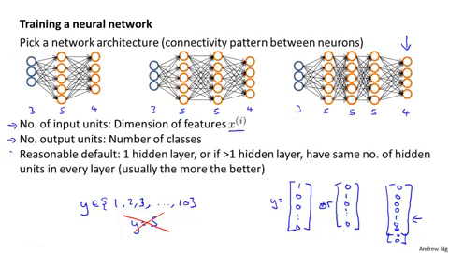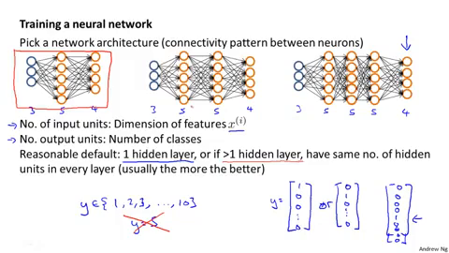And as for the number of hidden units and the number of hidden layers, a reasonable default is to use a single hidden layer. So this type of neural network, shown on the left, with just one hidden layer, is probably the most common. Or if you use more than one hidden layer, again, a reasonable default will be to have the same number of hidden units in every single layer.